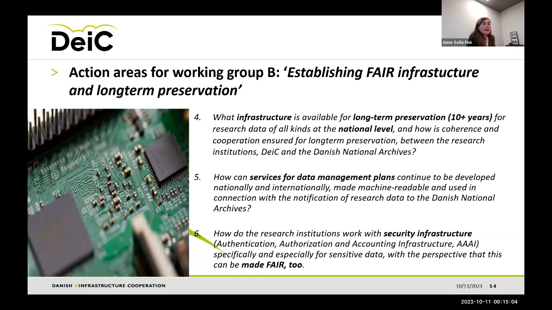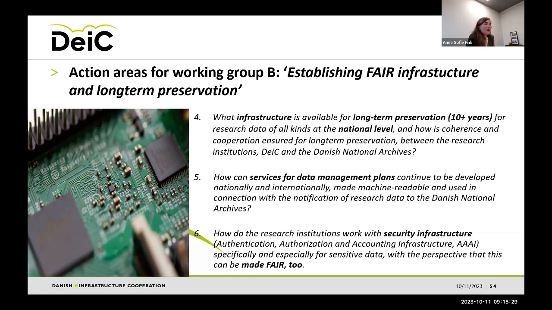And how is coherence and cooperation ensured for long-term preservation between the research institutions and the Danish National Archives? Very important, and for FAIR, we need to look at how things are handled in a long-term perspective.